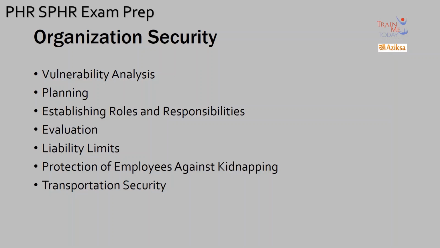So some of the things that are involved when you are heading up the security organization is doing a vulnerability analysis, proper planning, establishing roles and responsibilities, evaluating, looking at liability limits, protecting your employees against things like kidnapping, and then security anytime we're doing any type of transportation.